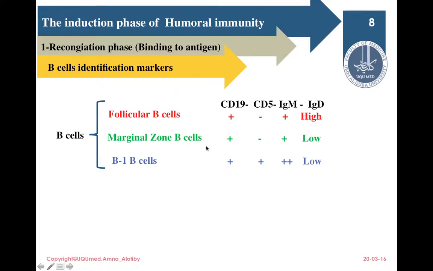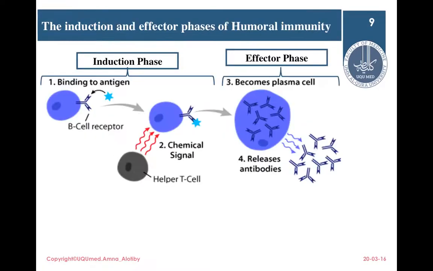The marginal zone B cells have CD19 and IgM, because they both are B2 subsets. The B1 cells have CD19, CD5 and IgM on their surface, and IgD is low.